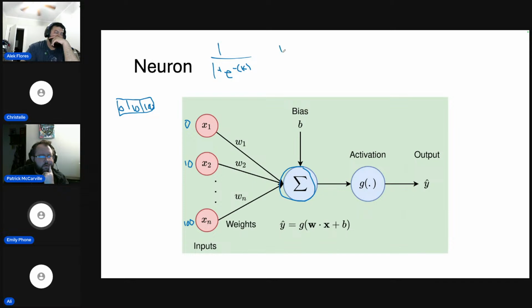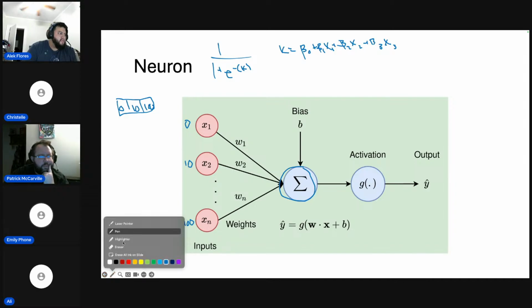And remember that k is equal to our beta sub naught plus beta sub 1, x sub 1, plus beta sub 2, x sub 2, plus beta sub 3, x sub 3, okay? Let's map this to what's going on in this picture.